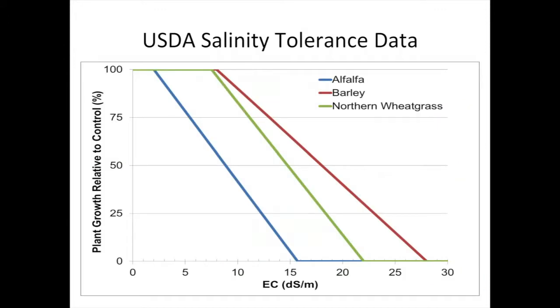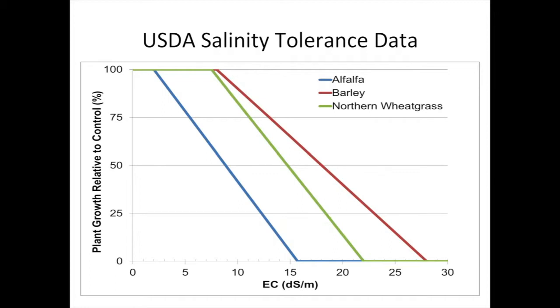That 2001 Alberta salinity document did a very good job of pulling together and summarizing a whole bunch of salinity data. But in practice, what was really used were these USDA salinity tolerance relationships. The USDA looked at a whole bunch of salinity data and tried to simplify that, for each plant species they considered, into a threshold below which there wasn't really any effect on growth, and then a slope of decreasing growth with increasing EC.